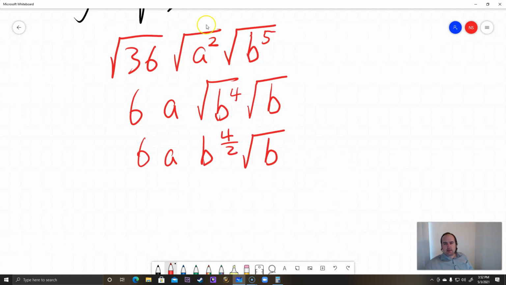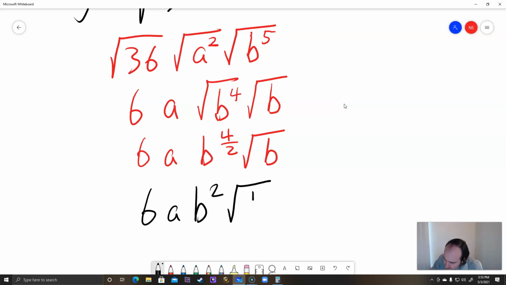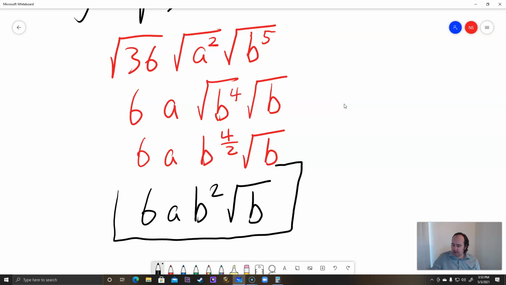Even though we couldn't do the square root of b to the 5th because it was an odd power, we can do the square root of b to the 4th because it's an even power. That gave us b squared. So we have 6a b squared times root b.